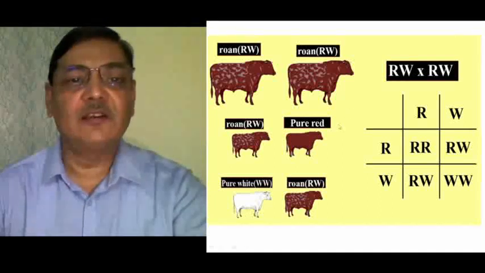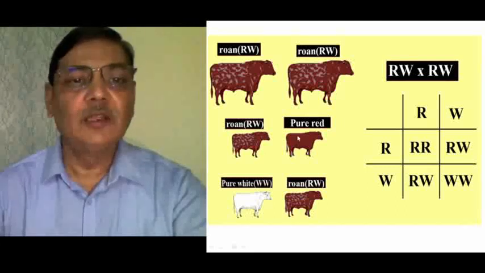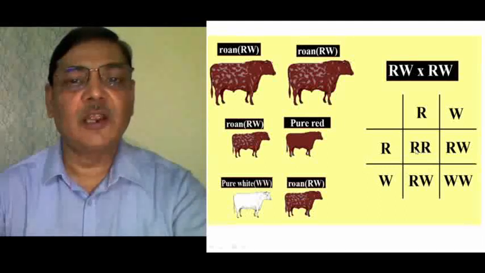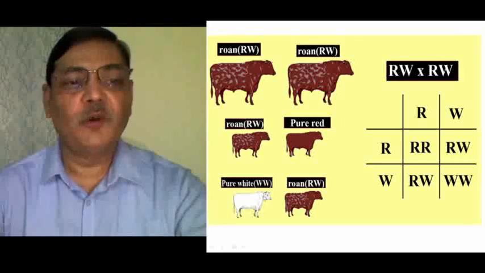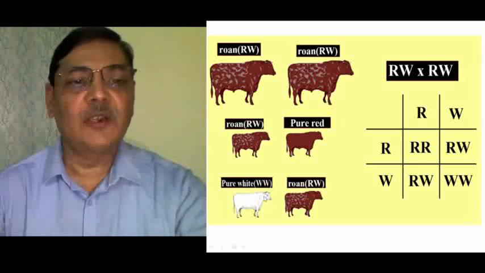See, in cattle we find that cattle may have a completely red color, pure red color of their coat, their skin. Their genotype will be capital R, capital R. Suppose in the present case, those who have genotype capital R on a specific gene locus will look red in color. The other ones are white in color, and their genotype may be shown as WW. So they are white phenotype, meaning their coat color will be white.